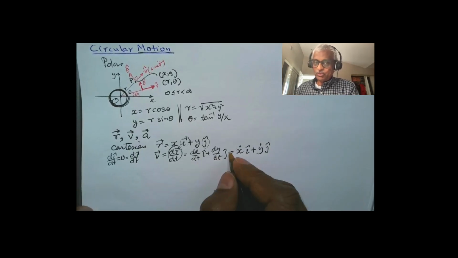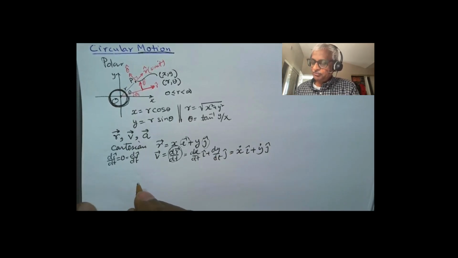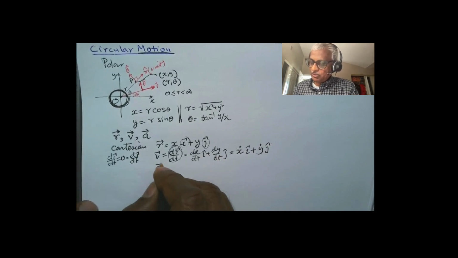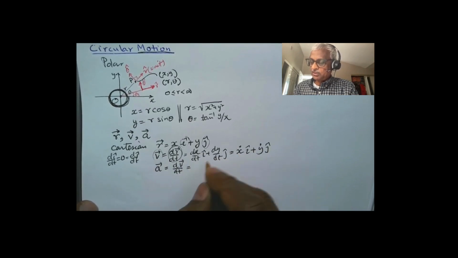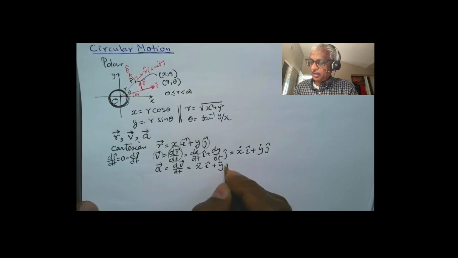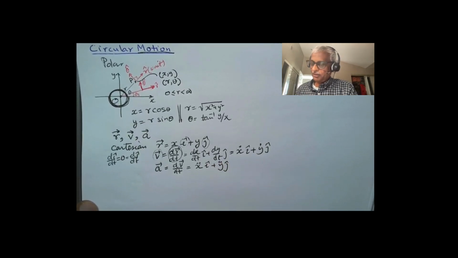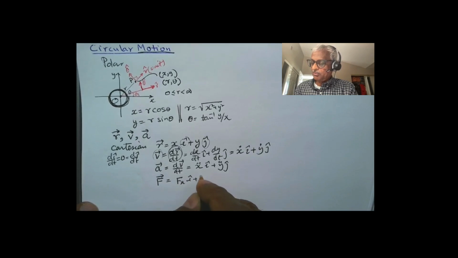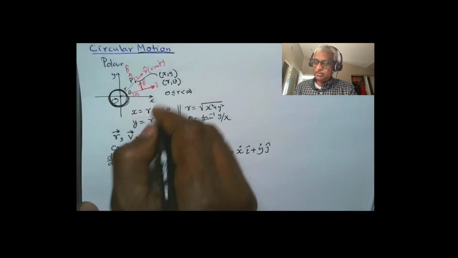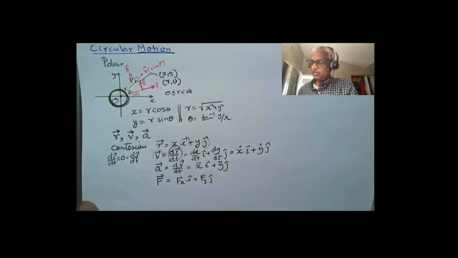Two time derivatives will be two dots, and so on. Acceleration is how this velocity vector changes with time, and working this out you get x double dot i hat plus y double dot j hat. If you're doing F equals ma in Cartesian coordinates, you'll have Fx i hat plus Fy j hat. We're staying in two dimensions for the moment.